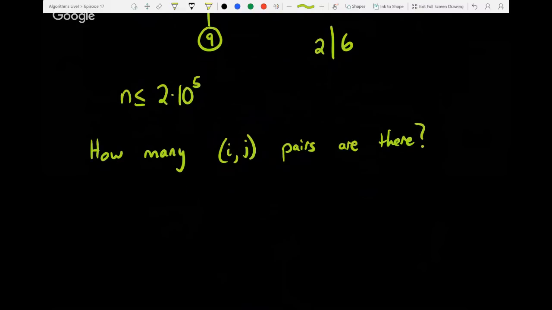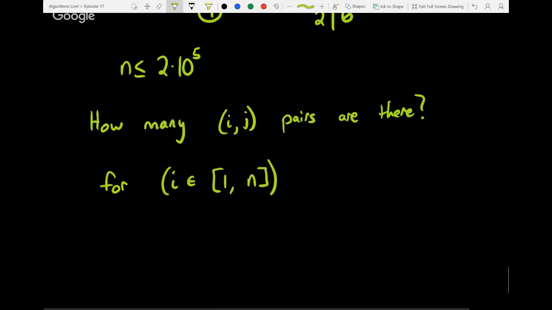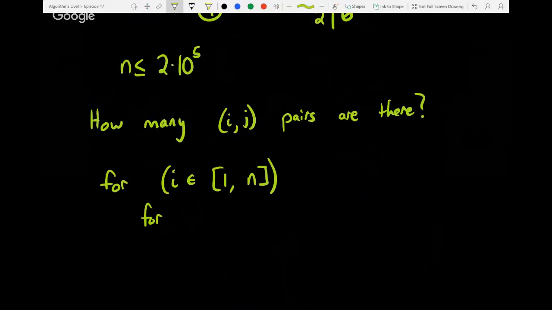All right, so let's write some code to find all ij pairs first. It'd be a good way to analyze just how many ij pairs there are. We're just going to pick all i values from 1 to n, so I'll write a for loop. And then I'll write a second for loop, which is going to start at 2i, and then increment each time by i.